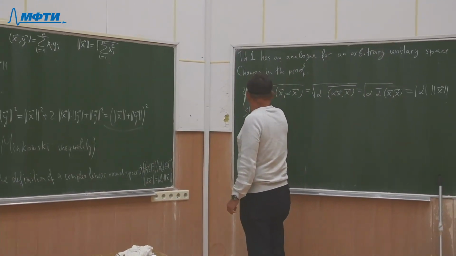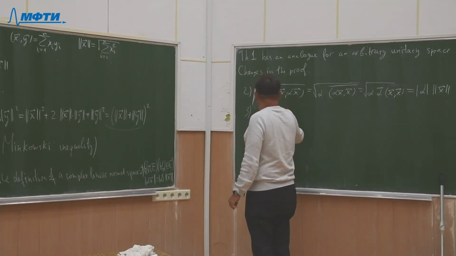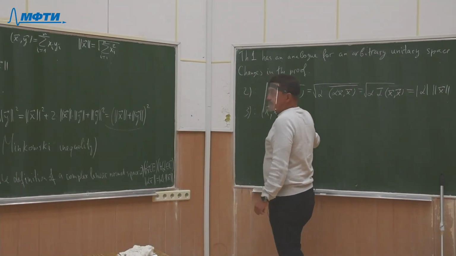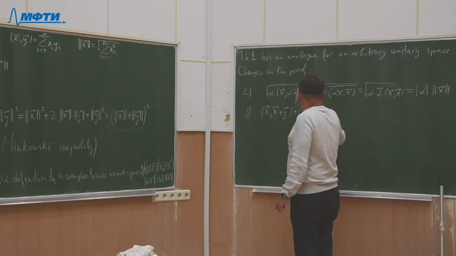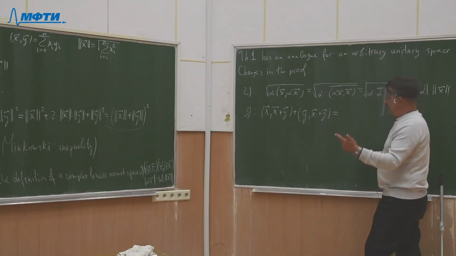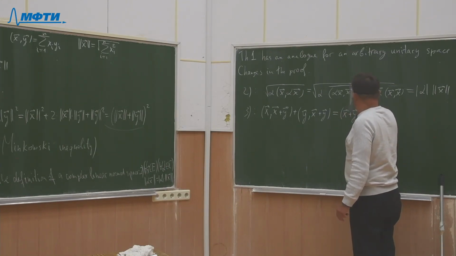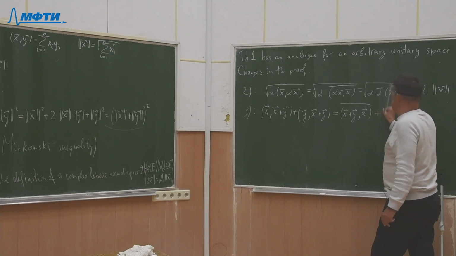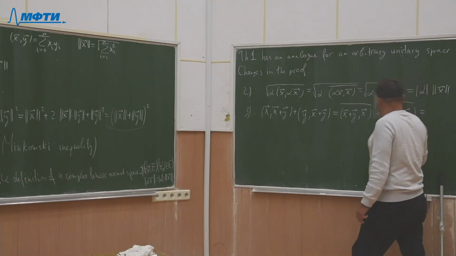We have x plus y, plus y. x plus y equals, when we change the order, we need to put conjugate. x plus y, x conjugate plus x plus y, y also conjugate.